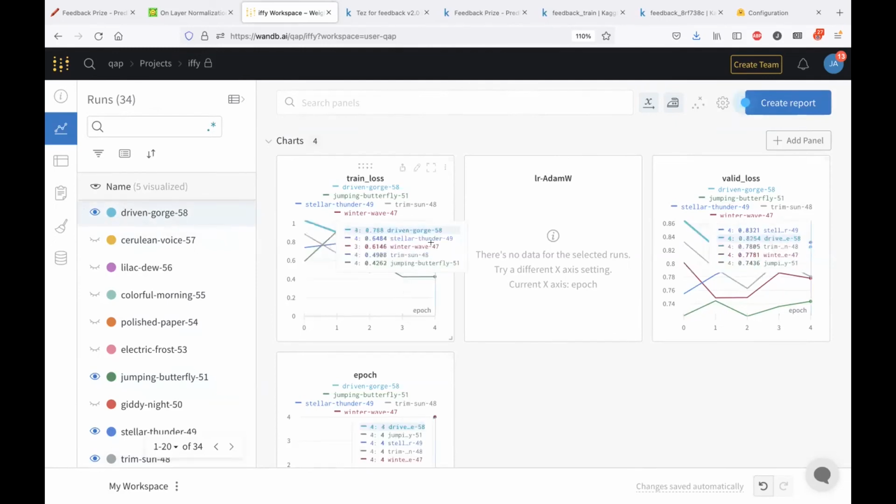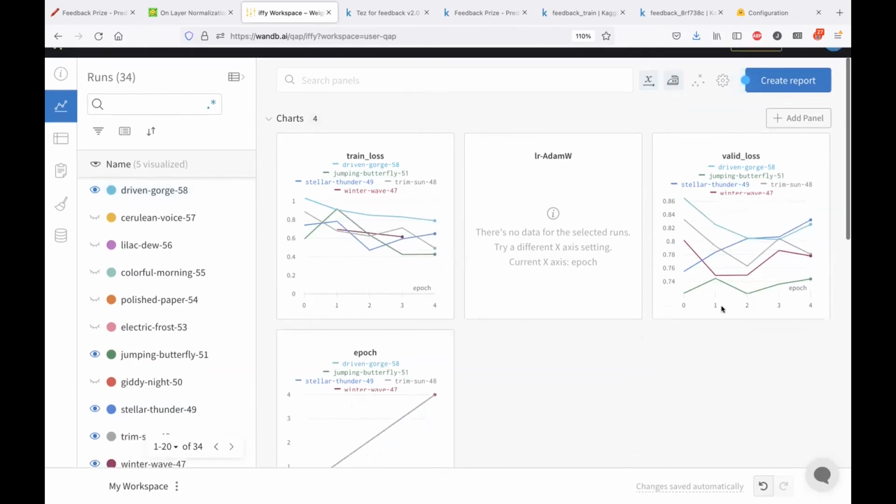But if you look at the final loss values, the training loss using topics is 788, and the final validation loss is 0.8254.